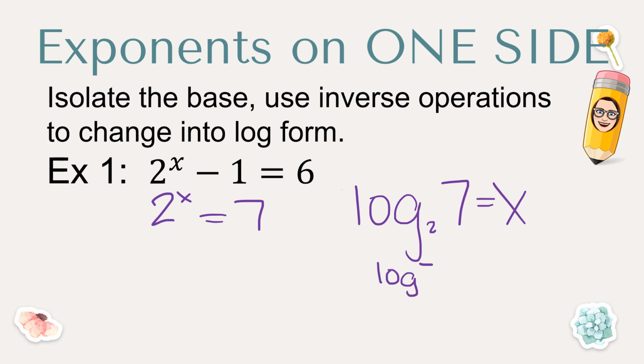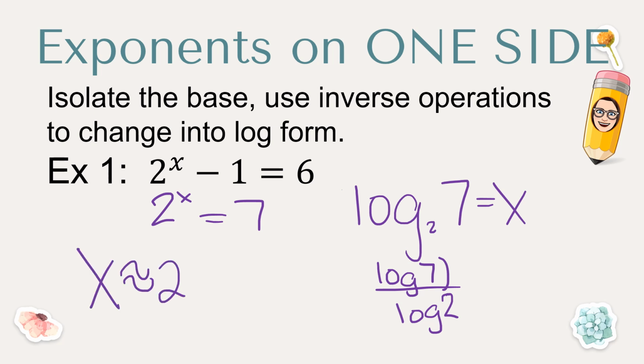Or if you're using a scientific calculator, you can type in change of base formula. I'm going to practice change of base because I want you to be comfortable with that option. Make sure you close parentheses. And we're rounding, so I do expect approximation signs and I do expect 3 to 4 decimal places.